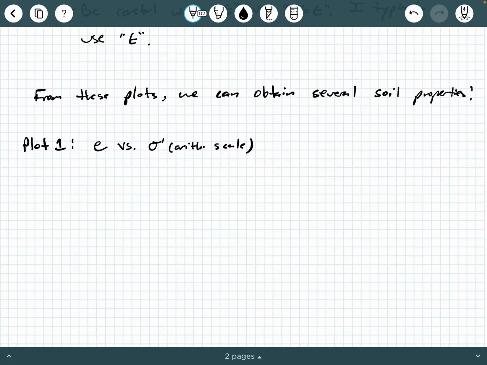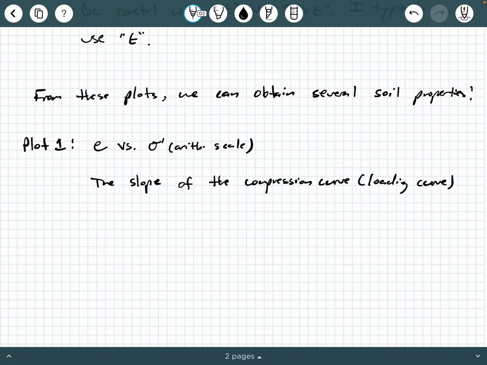So the slope of the compression curve, which is the loading curve basically, is the coefficient of compressibility.